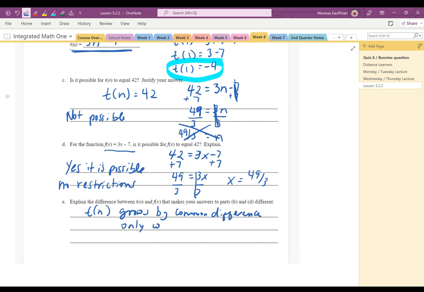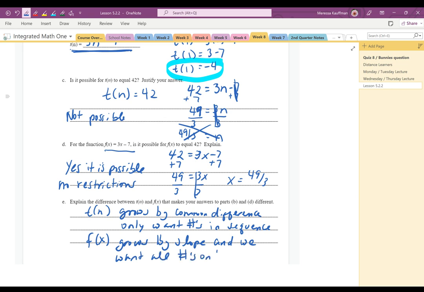Only want numbers in sequence. But f of x grows by the slope, and we want all numbers on the line.